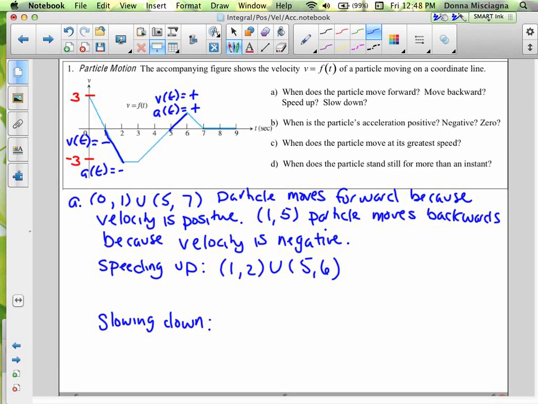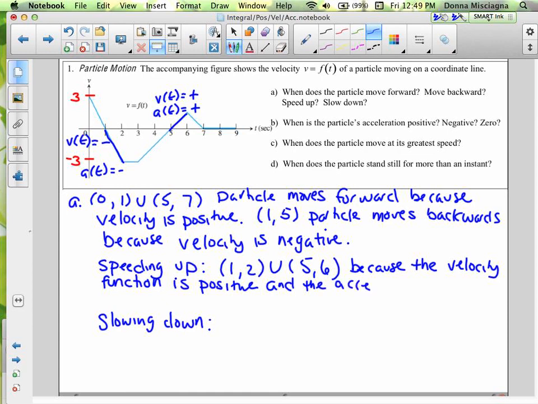So our function is speeding up from 1 to 2 seconds and 5 to 6 seconds because the velocity function is positive, and the acceleration is positive because it's above the x-axis. Let's make a really clear answer here, an AP test worthy answer.